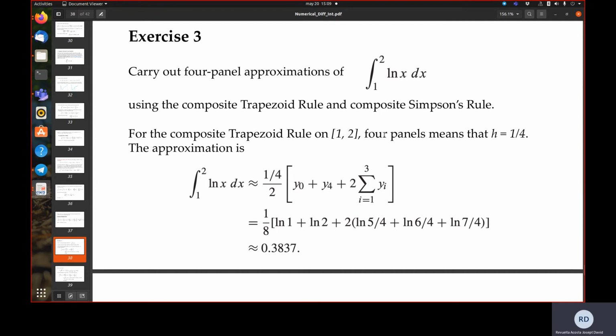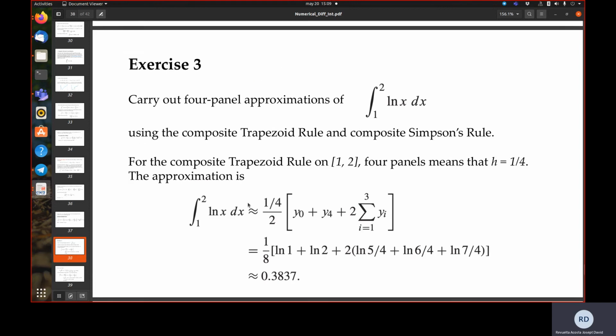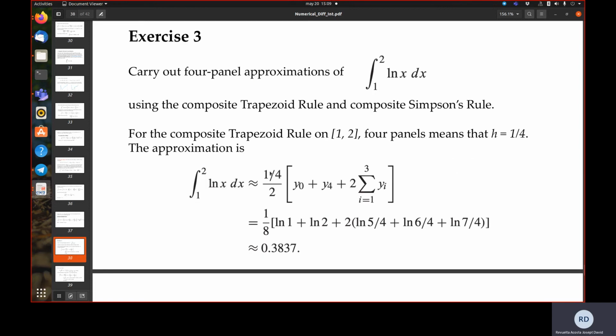And of course, if we have 4 panels, it means that h is going to be equal to 1/4, right? So then if we do so, the approximation is going to be h divided by 2, which is 1/4 divided by 2, times y0 plus y4 plus 2 times the summation from 1 to 3 of yi.